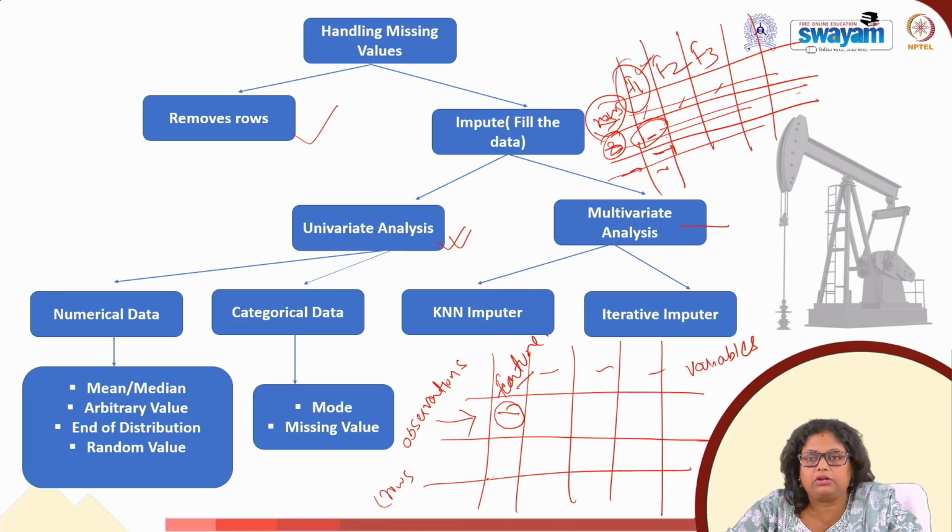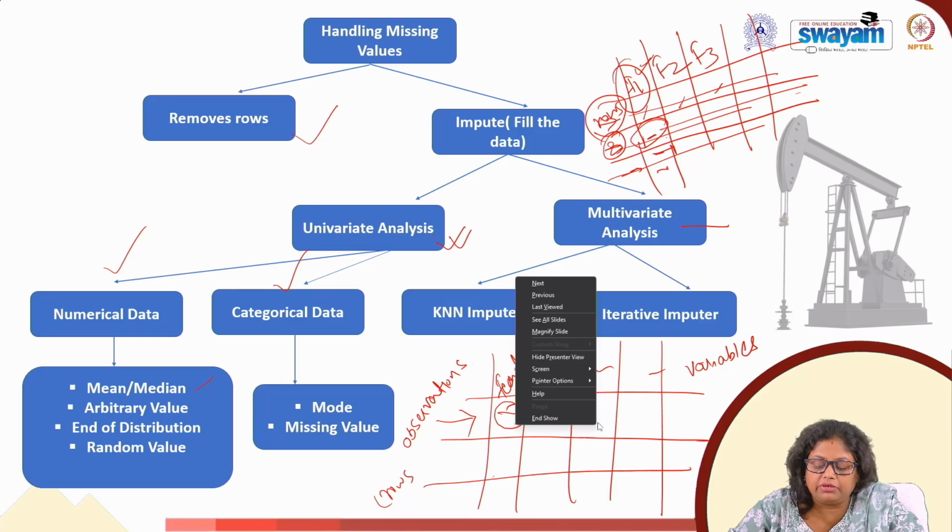When a particular feature has missing values, in the case of univariate analysis we simply take either the mean. Under univariate analysis, the data may be numerical or categorical. If we have numerical data, feature 1 is of numeric type and has some missing values.